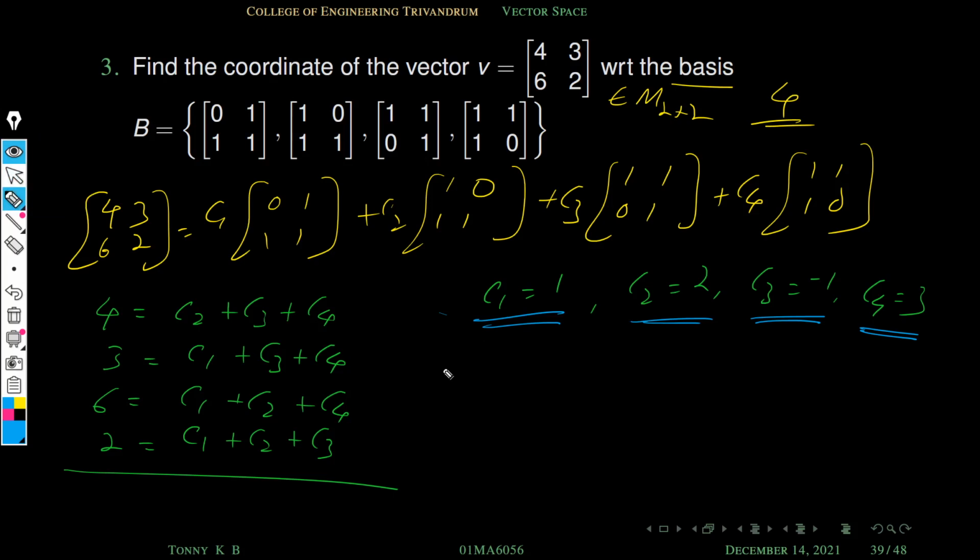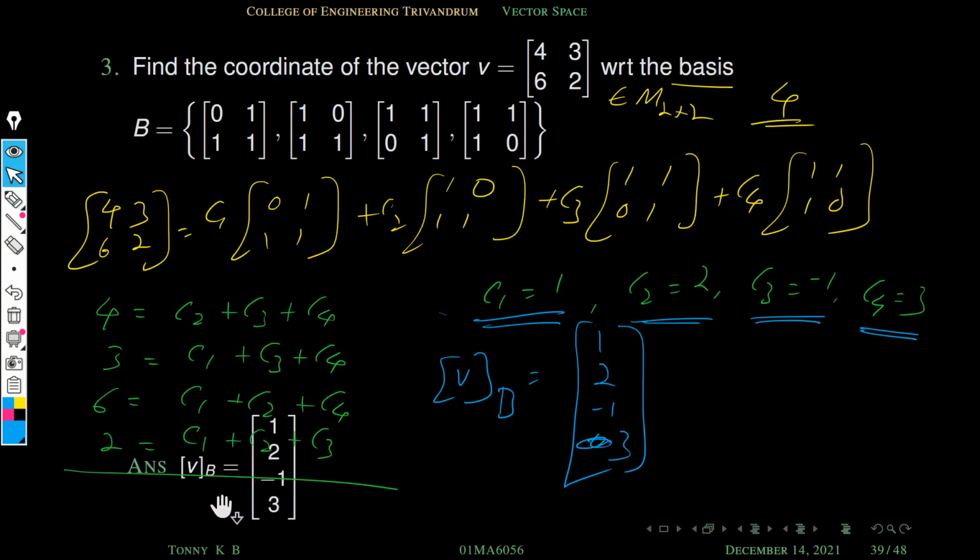So the coordinate of v with respect to this basis B is a column matrix. The coordinate is always a column matrix: (1, 2, -1, 3). So v with respect to B is this column.